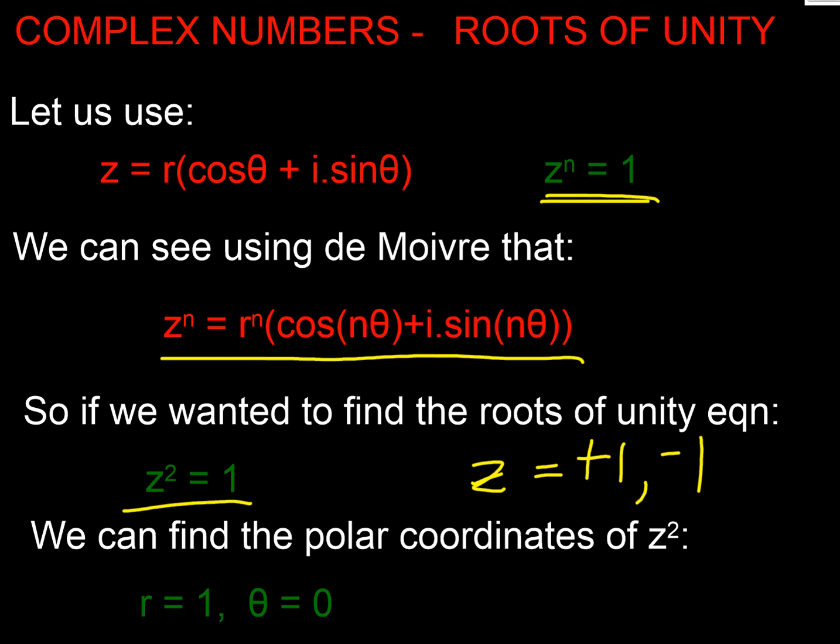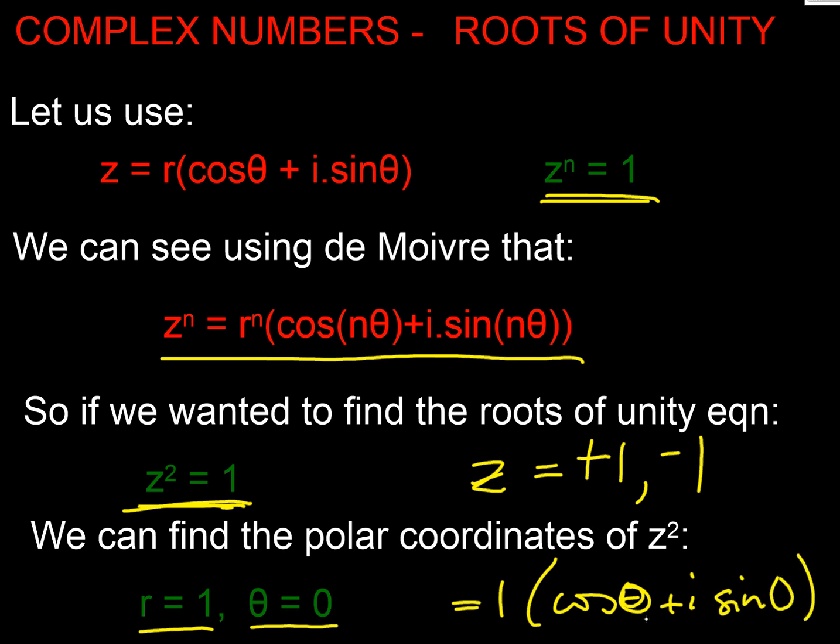Let's have a look at that and write this in polar coordinates. We want to equate that. This is z squared as a complex number. Well, that's a complex number in polar form with r equals 1 and theta equals 0, isn't it? Because that gives us 1 times cos of 0 plus i times the sine of 0, which equals 1.